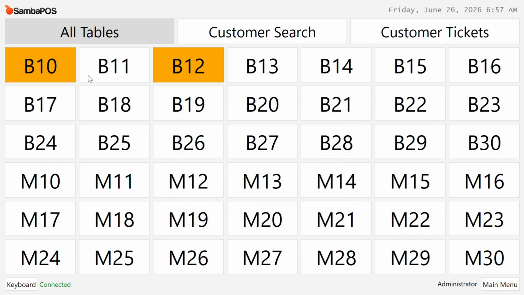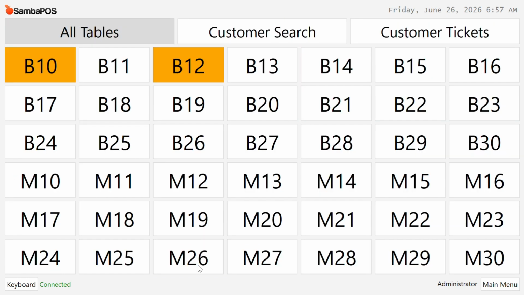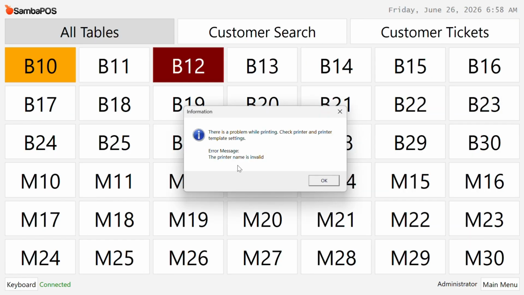Looking at it so far, we have two tables occupied. Whoever logs into the system will be able to see that two tables are occupied. If you want to access one, click and you can see the orders inside. Once the customer is done and wants to see the bill, you can click. After the customer has consumed everything and wants to see the bill, you can click to print the bill.